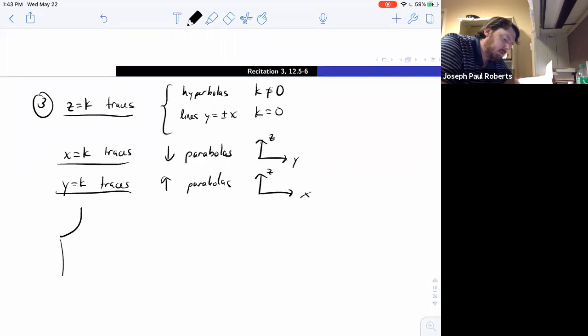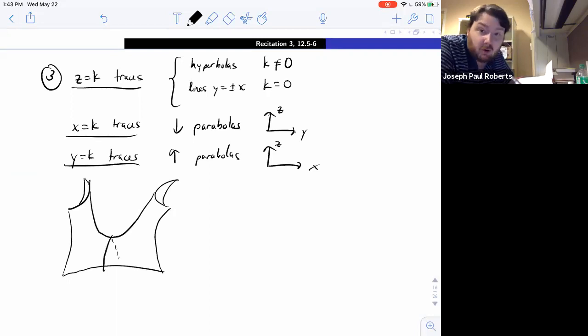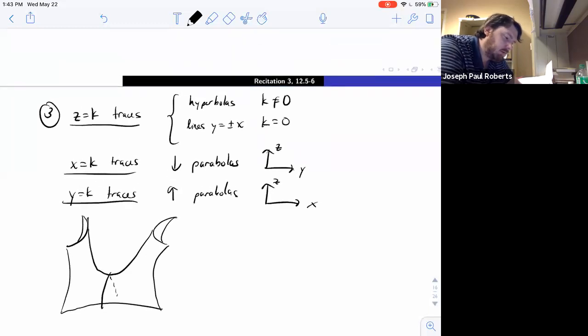And so this took me years to practice how to draw this. I'm fairly proud of it right now. I get our saddle shape or our Pringles chip shape. I get hyperbolas as my z traces. So if I slice it like z equals 1, I get that hyperbola.